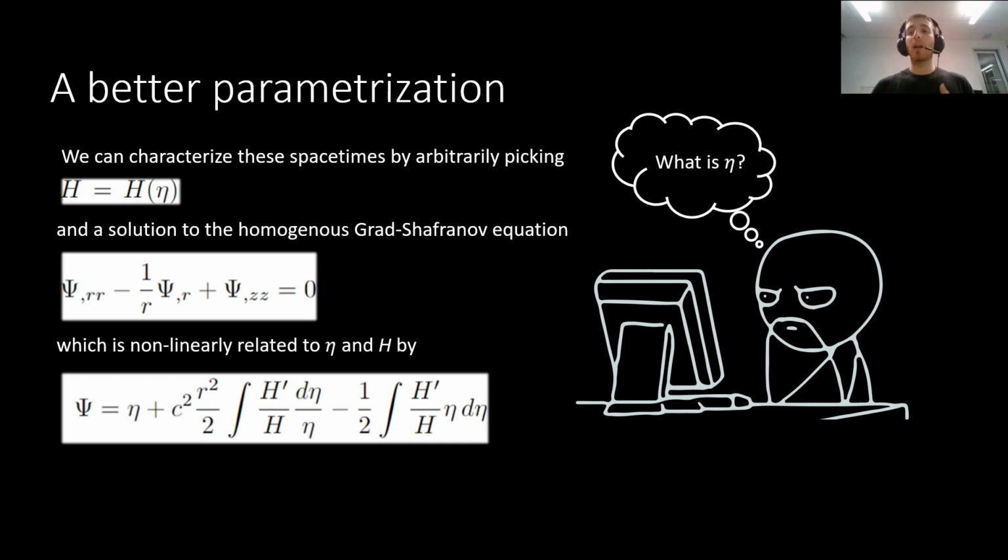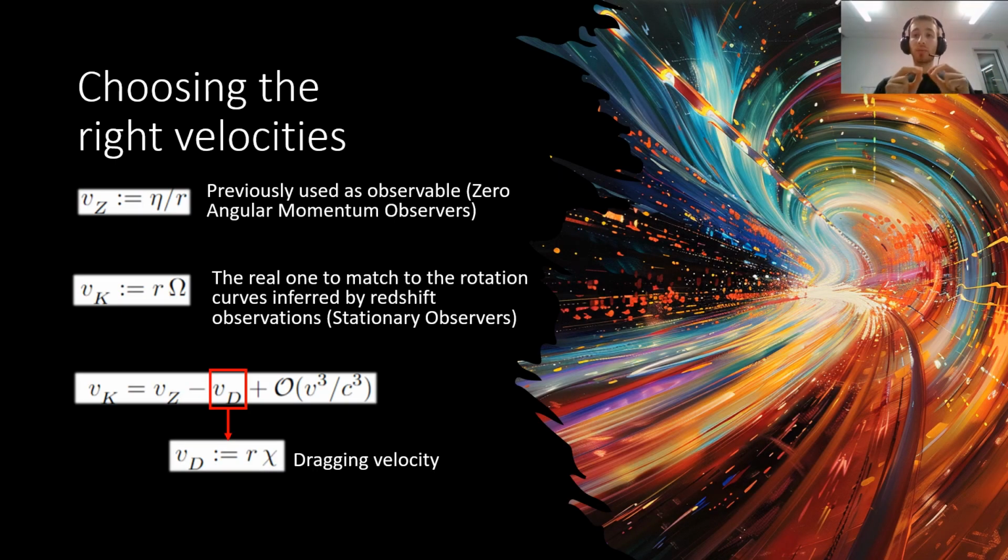Now, I've talked about the field eta, but I have not told you what eta is. So you might just be wondering. Eta turns out to be related to the velocity of the dust measured by the zero angular momentum observer, ZAMO.